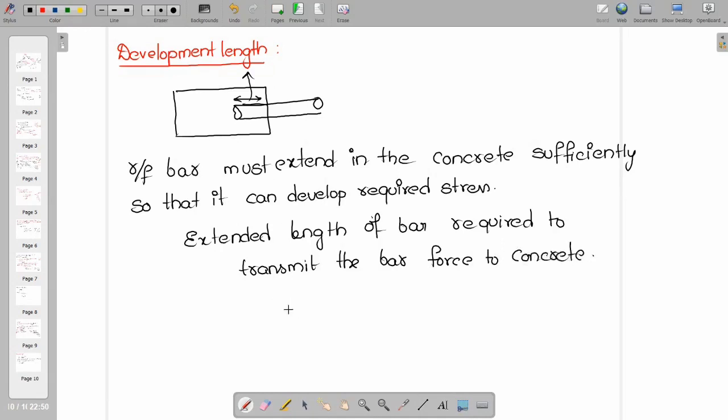It is the development length. And development length is given by the formula phi into sigma s upon 4 tau bd. Yes or no, students?